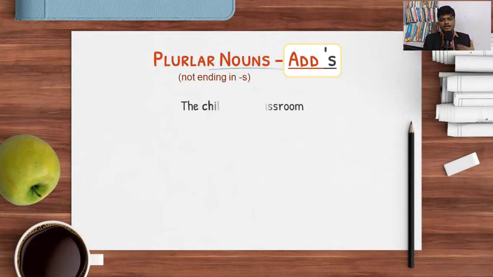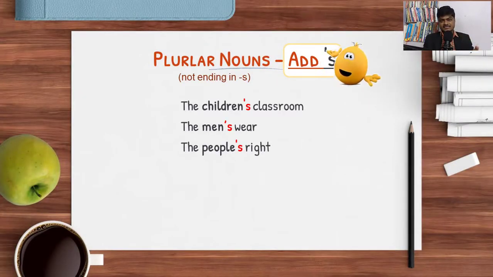Next, plural nouns not ending with s. See, children, men, people, these nouns are plural and don't end with s. They form possessives just by adding apostrophe s. The children's classroom, that means the classroom belongs to children. The men's wear, the people's right.